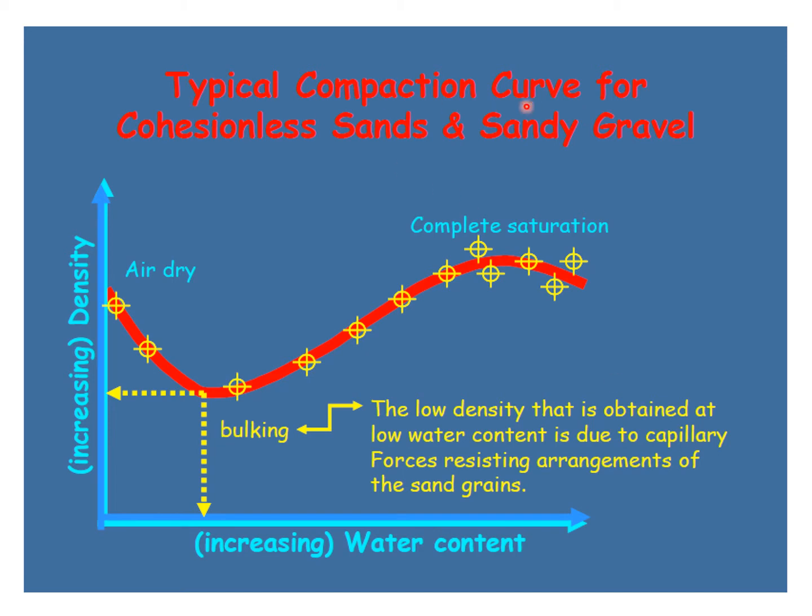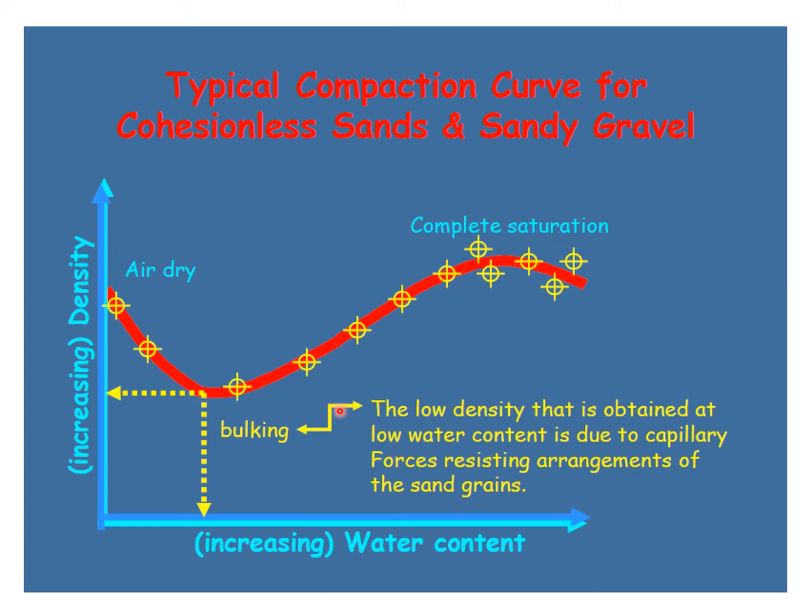So this is the typical compaction curve for cohesionless sands and sandy gravel. Look at that, what is happening? The shape of the curve is like this. You can see that first, with the increase of moisture there is a decrease in the dry density, and over here you have the minimum density, and it is because of the bulking.